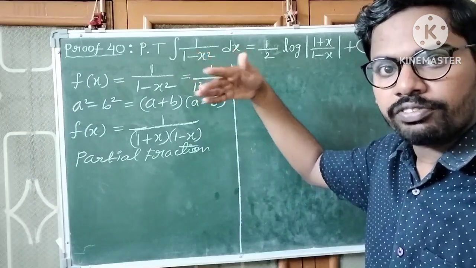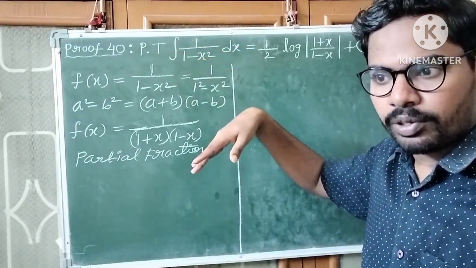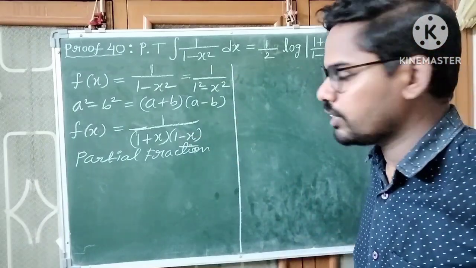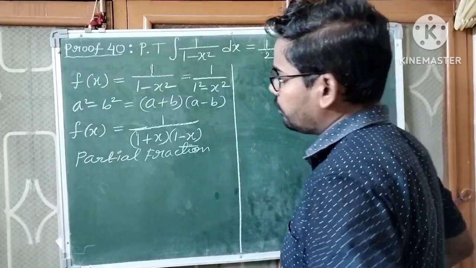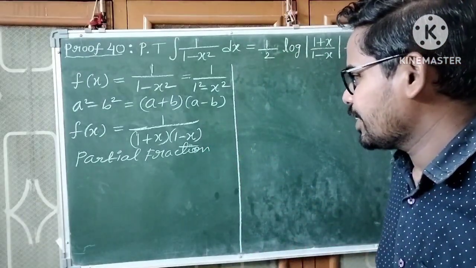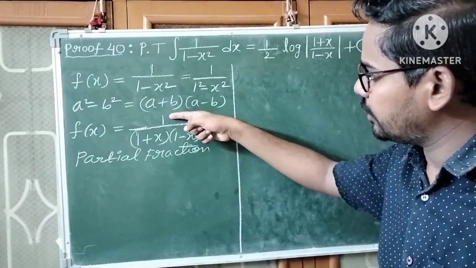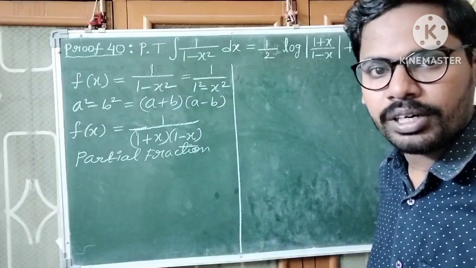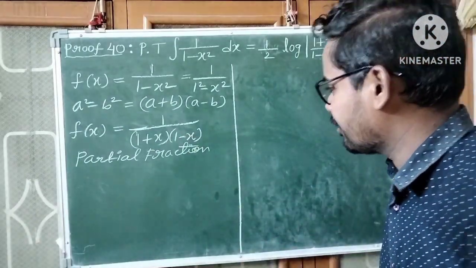If the degree of the numerator polynomial is less than the degree of the denominator polynomial, then that fraction is called a proper fraction. If the degree of the numerator is more than the degree of the denominator, then it is called an improper fraction. So this is a proper fraction.